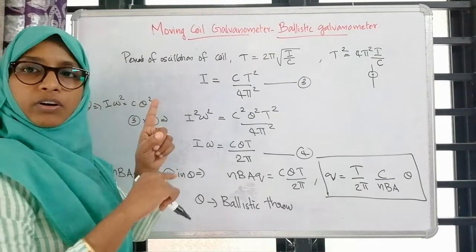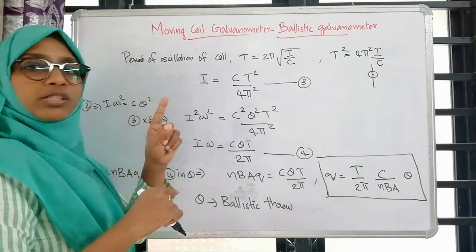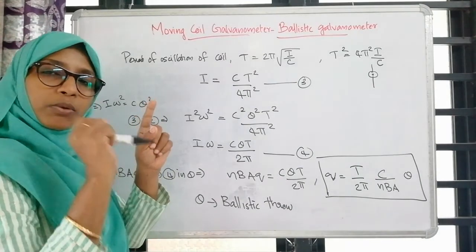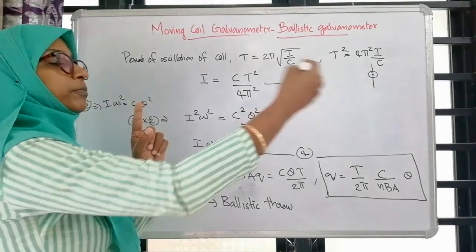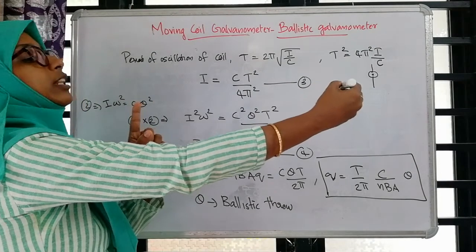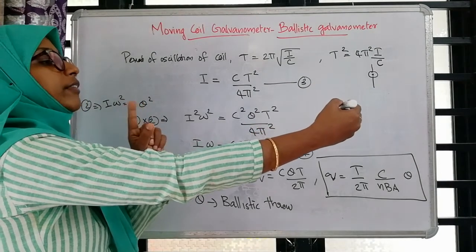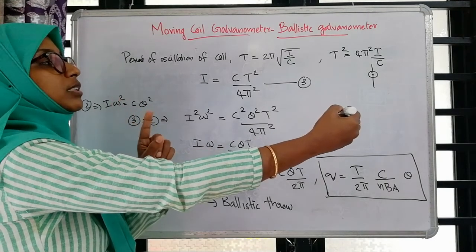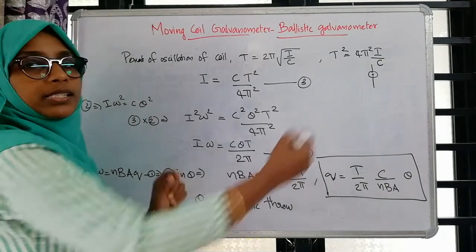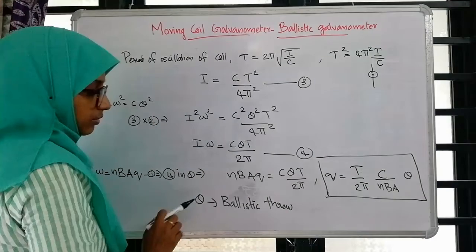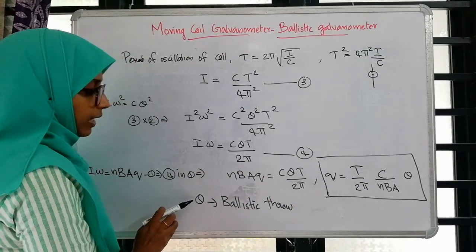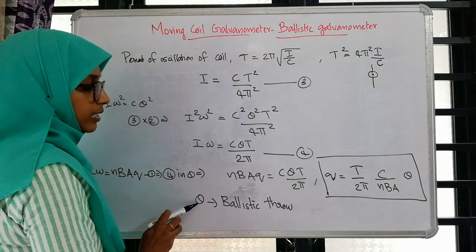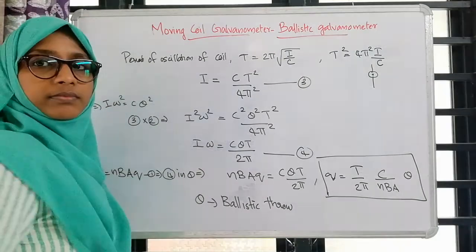When the fiber or the coil oscillates, the mirror also starts to oscillate by a small angle. That can be observed when we place a scale in the opposite direction. Then we can obtain the rotation or oscillation of this coil or mirror from the scale. That deviation or the angle of oscillation is known as the ballistic throw.